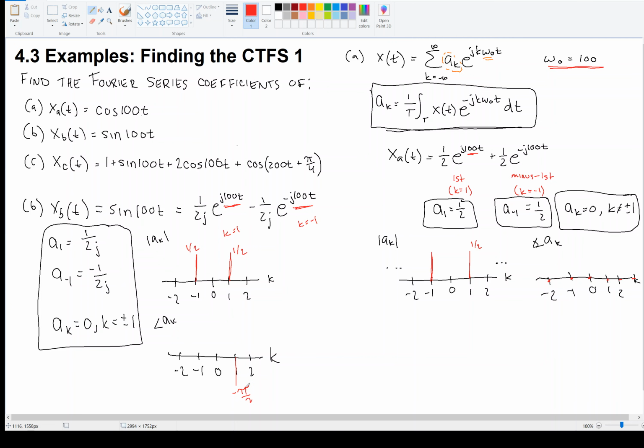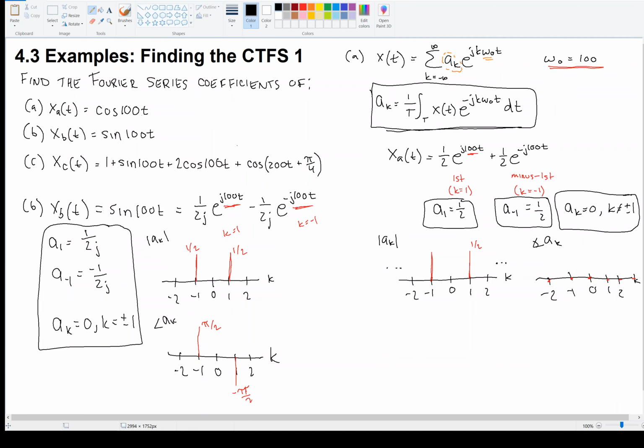Again, if you're uncertain about that, go back to the previous videos about complex numbers. What's the phase of this guy? That's positive pi over 2. You need to get this down. This is not going to go away anytime soon. So again, if you don't know that, you need to fix it now. And then the rest of the AKs are 0. So this is the phase.